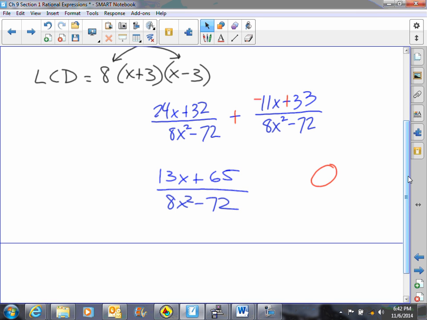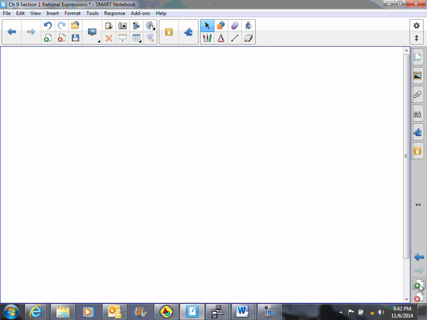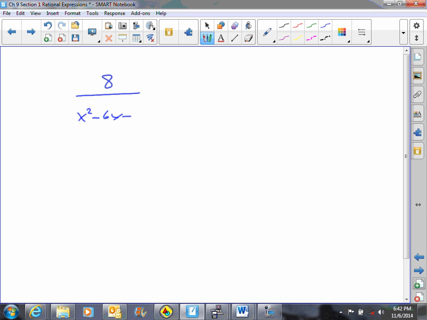Now let's try one that may be even a little bit more complicated. How about 8 over x squared minus 6x minus 16, that's an x there, plus 9 over x squared minus 3x minus 40.